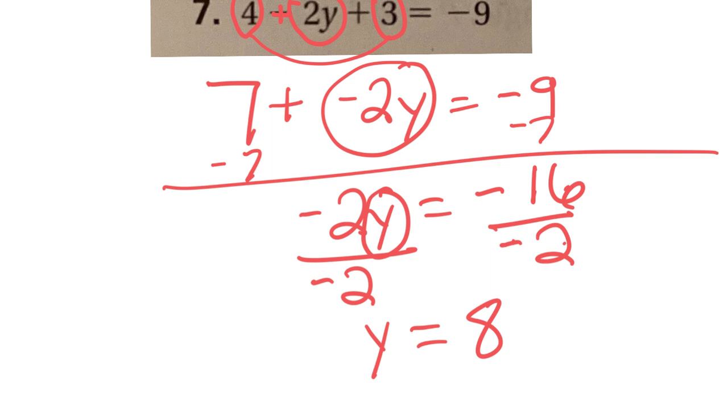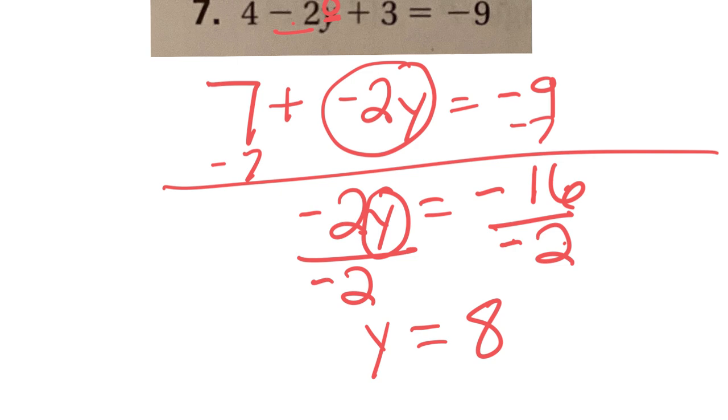Okay, let's plug it in, see if it works. Always got to check, always got to check. So I'll make that 8. So we could do 4. Let's do negative 2 times 8, because we have to do the multiplication first. So that's negative 16.